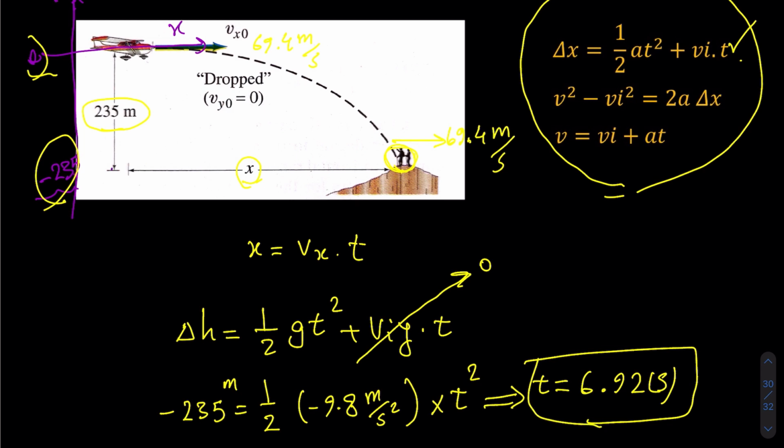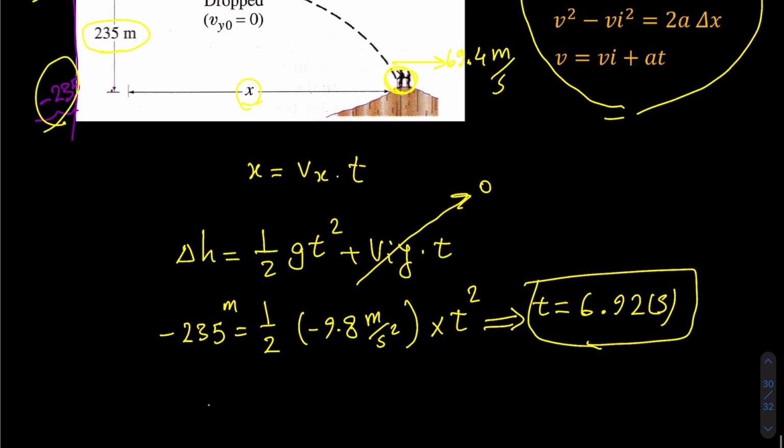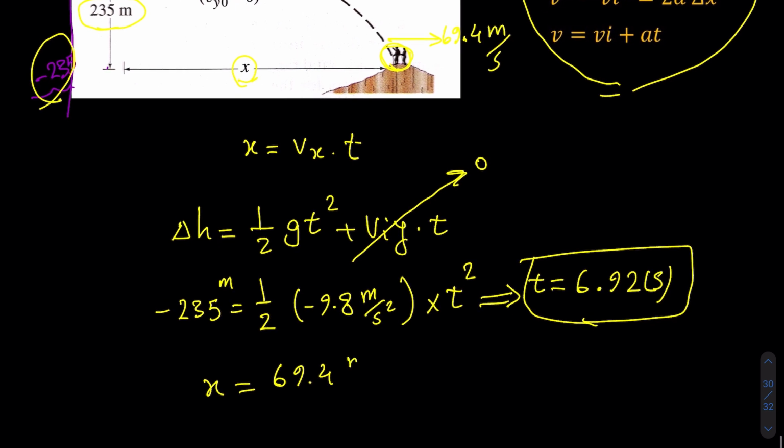And now I can simply say that x is equal to Vx, which we already have, 69.4 meters per second, times t, the total time, which is 6.92 seconds, and the answer will be equal to 480.61 meters, right?